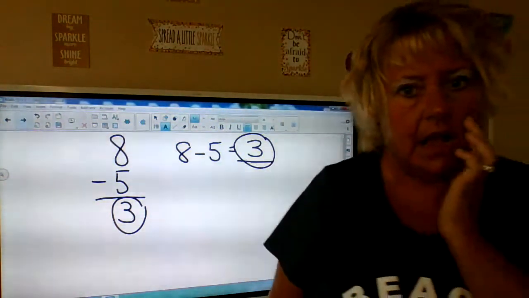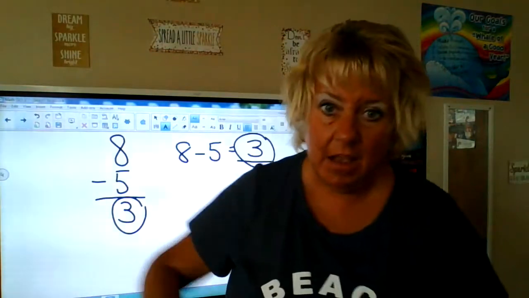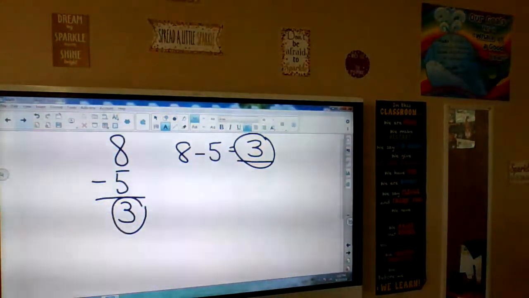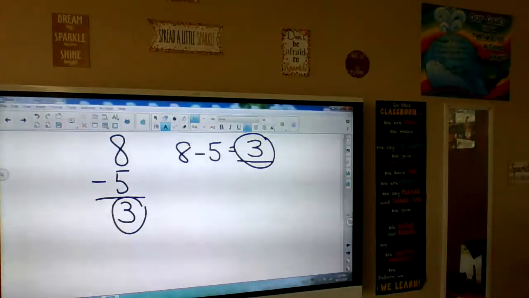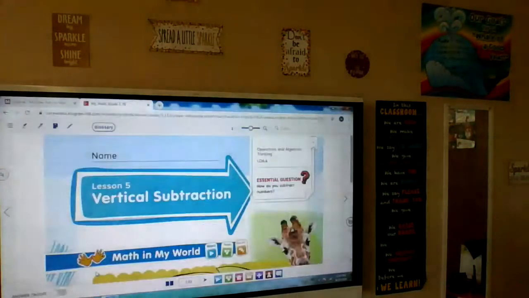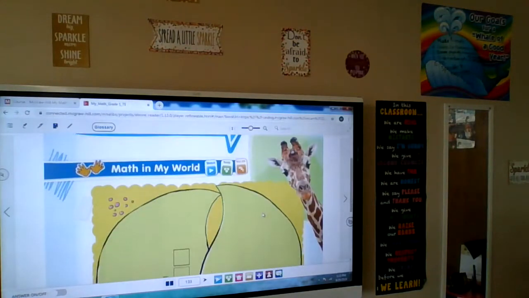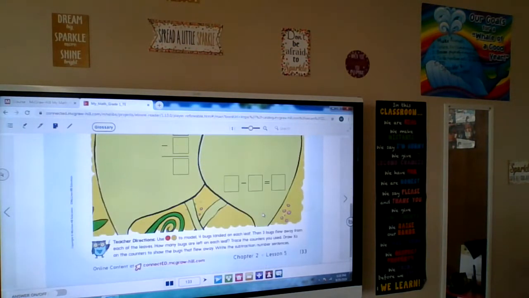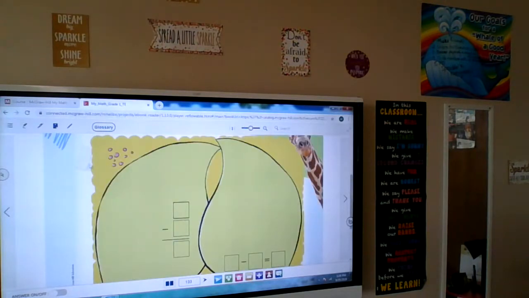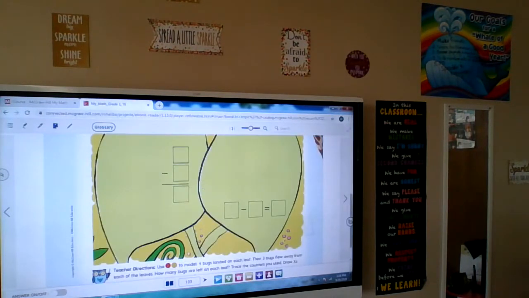Okay? All right, guys. We are ready for our workbook pages. Vertical subtraction. Oh, look at that giraffe. He's cute. Okay, we look on the bottom if we don't see directions at the top.